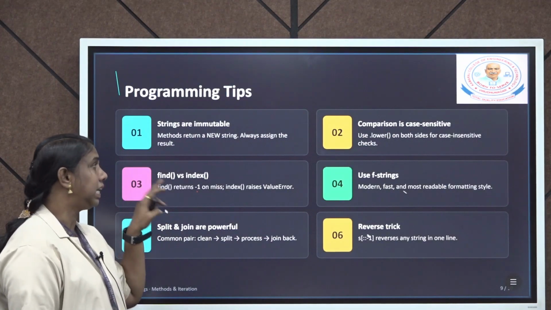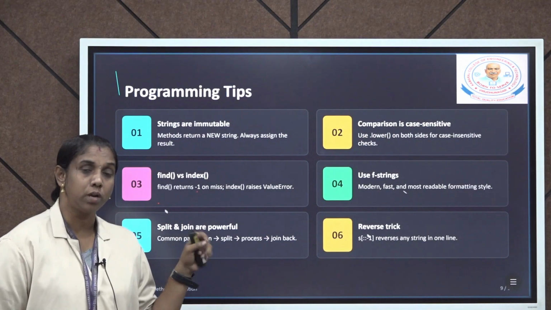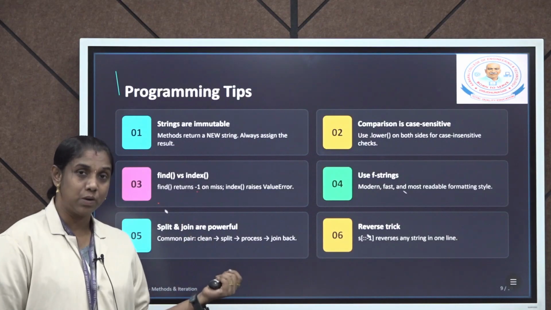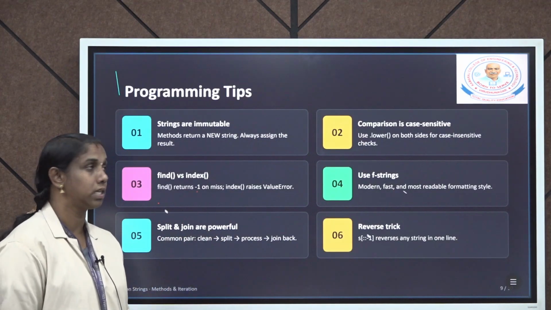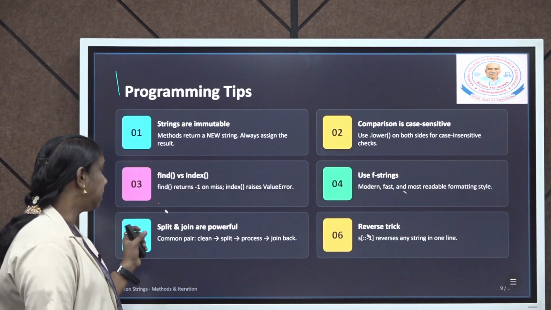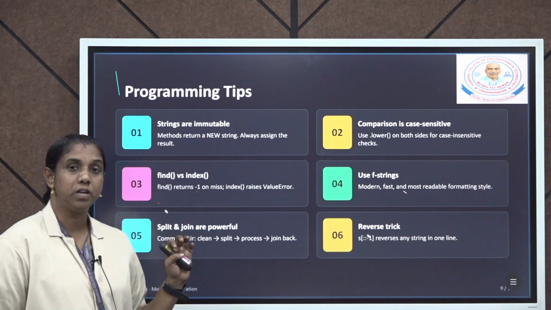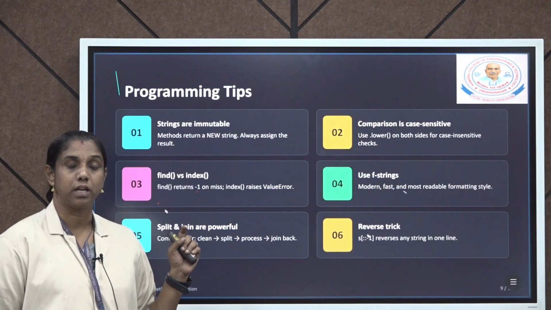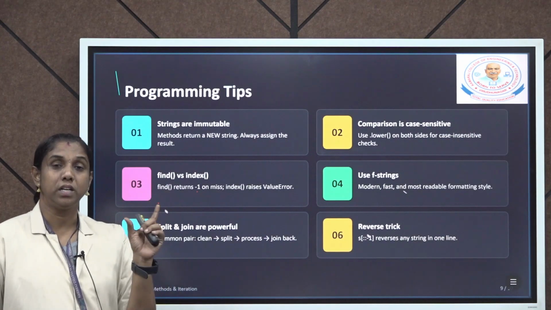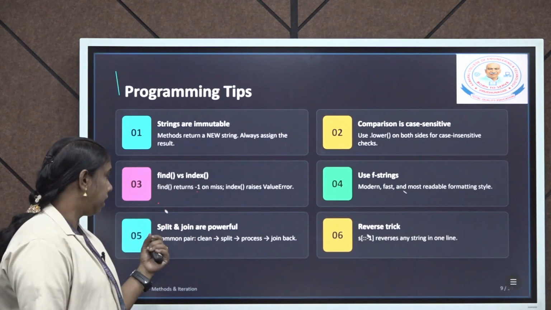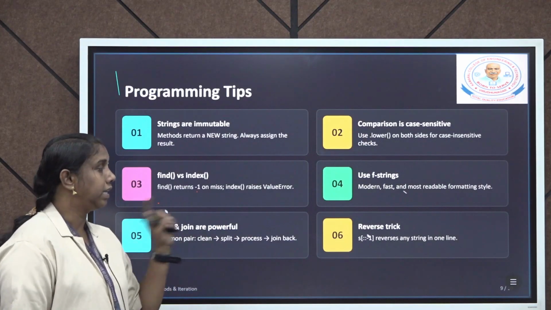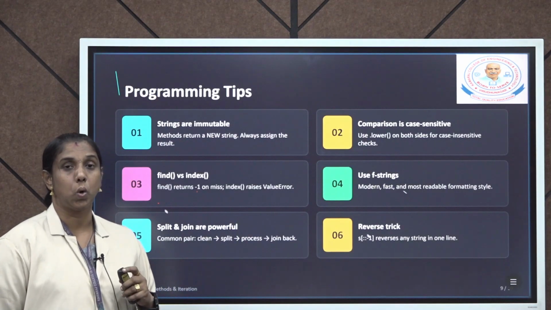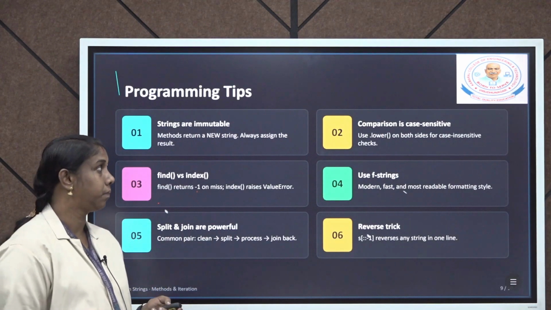If you use index and the word is not present in the original string, it raises an error. And f-strings, as we already discussed, are a formatting style. Then split and join: split converts the words into a list, and instead of split you can use join as the predefined function, and the reverse of a string can be done with slicing.